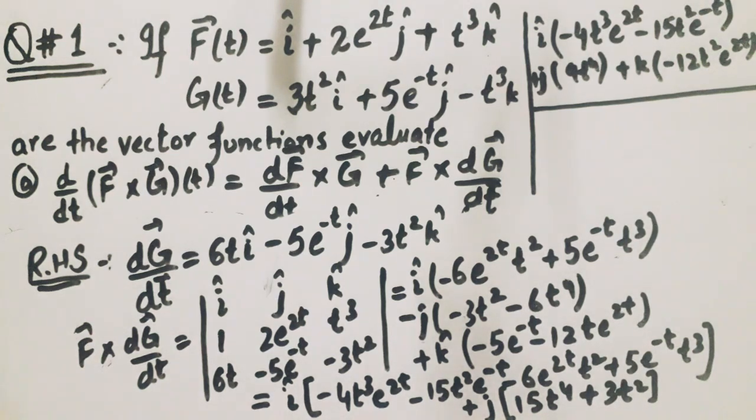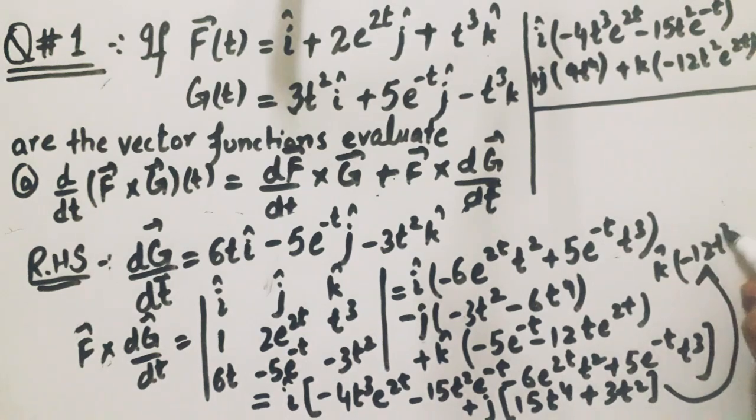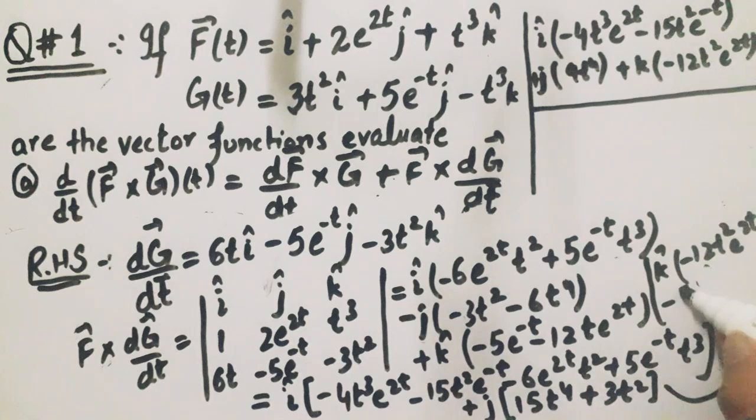This is the answer for j, and for k I will write here. So k will be equal to the minus 12t square e raised to power 2t, and then add minus 5 e raised to power minus t and minus 12t e raised to power 2t. So this is the answer of the right hand side.